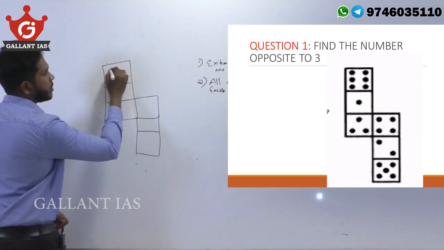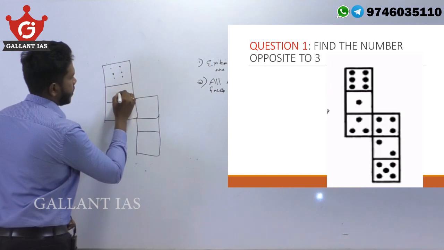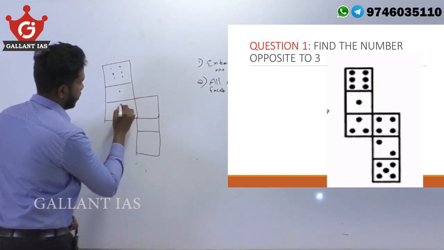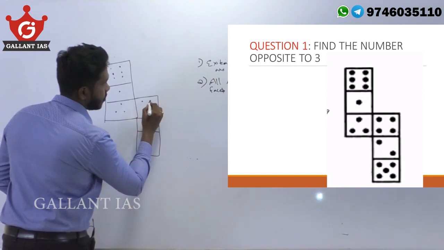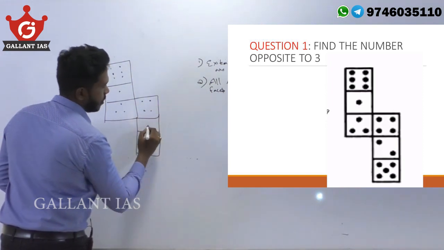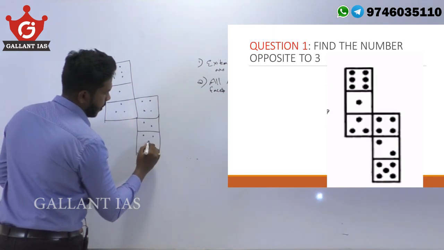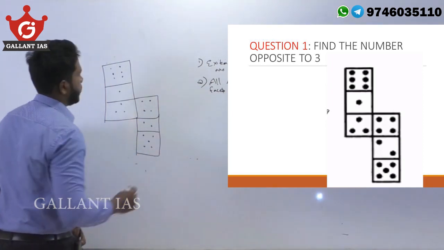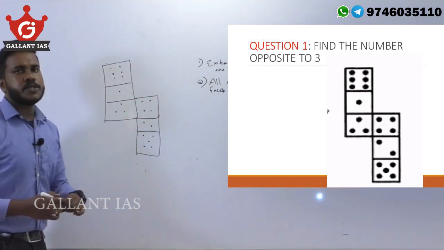So our first face has values given as dots, right? 6, 1, 3, 4, 2, 5.